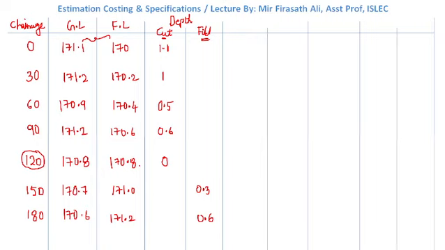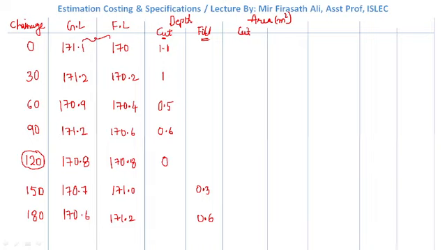So how to get this area? Area is nothing but average length into width. Okay, how to find the area? Our next step is to find the area. Okay, area in meter square, for cutting as well as area in filling.